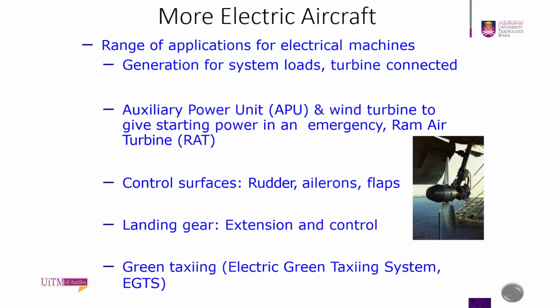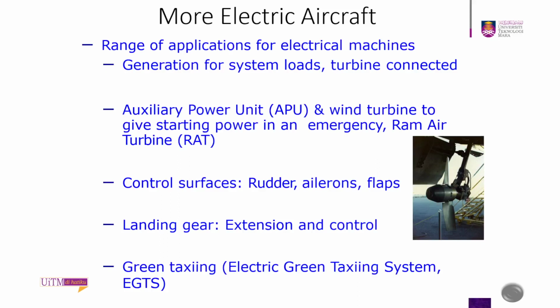And finally, for green taxiing, there is this electric green taxiing system, whereby when you want to move your aircraft on the ground, we don't use the main engine, right?